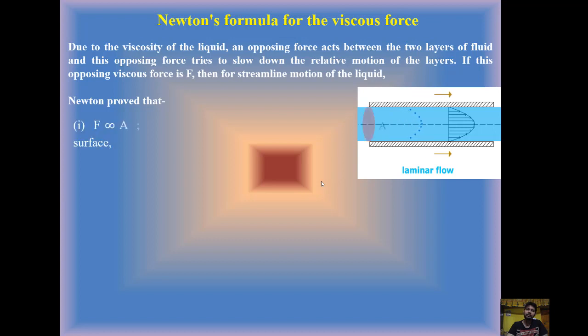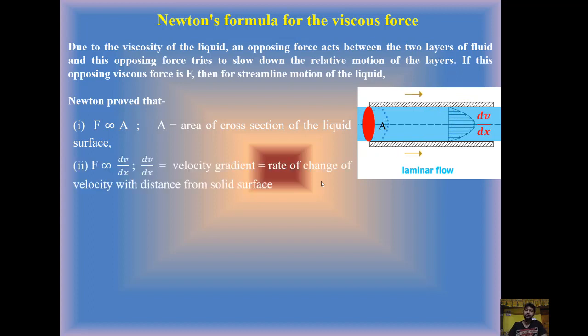If this opposing force is F, and we consider only the streamline motion of the liquid, Newton proved that the force is proportional to the area of the cross section of the liquid surface.